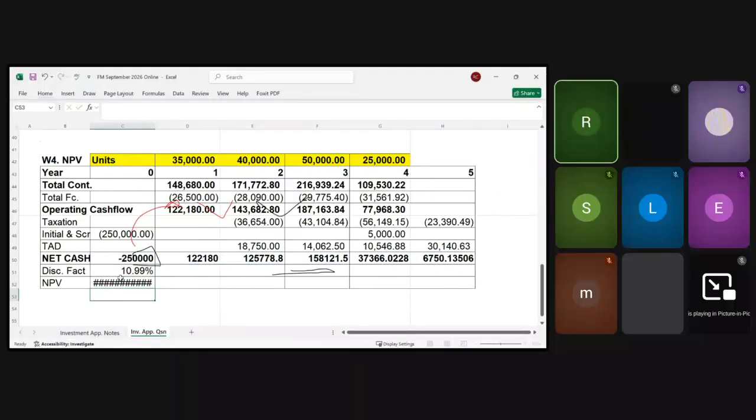That is our NPV that we have here. 106,499.45 is the NPV.